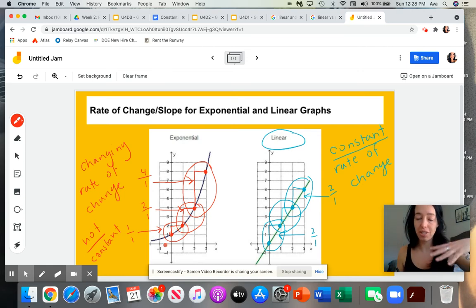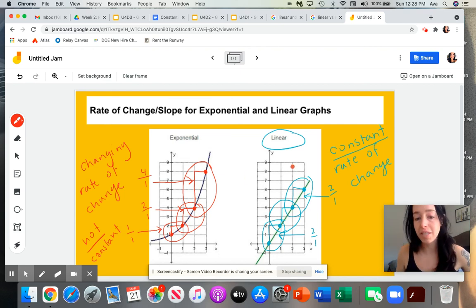You can just imagine if we went all the way up this slope, and you can see there's a doubling pattern here. 1 times 2 is 2, 2 times 2 is 4. So we can say that between the next 2 exact points, the slope is probably going to be 8, which is much, much steeper. So we go from less steep to more steep to more steep. Because the rate of change is changing, it's creating that curve.